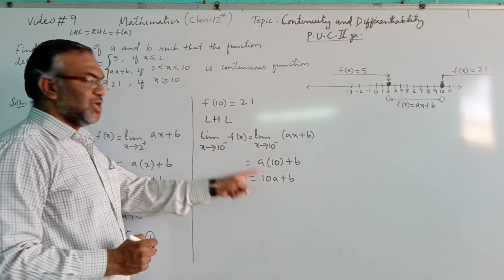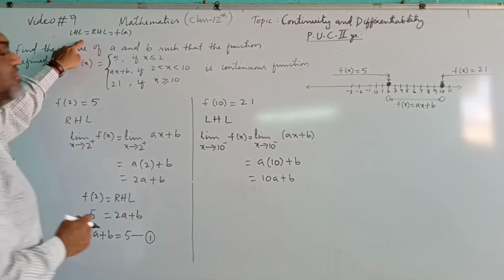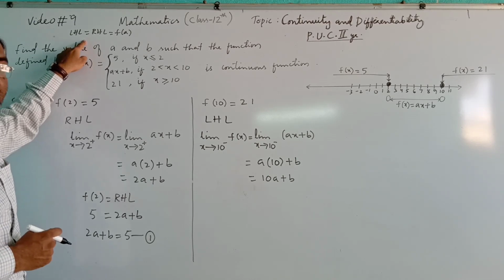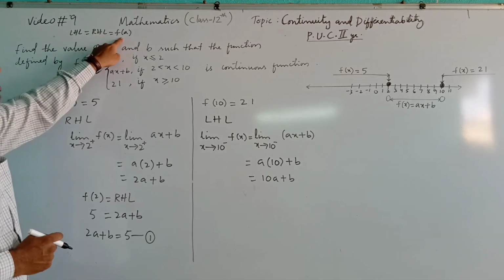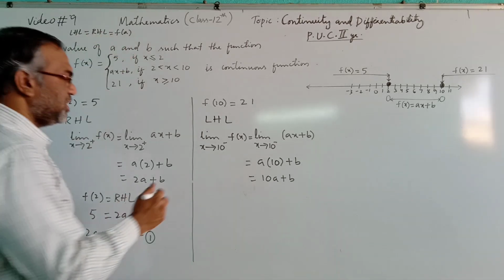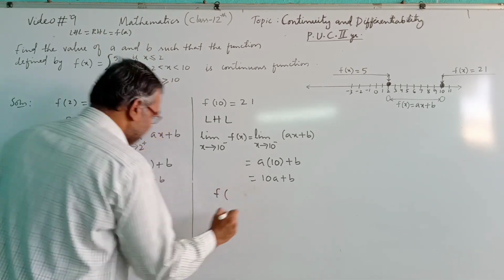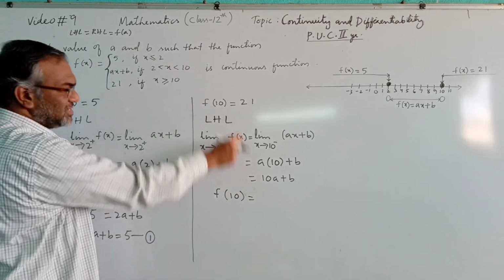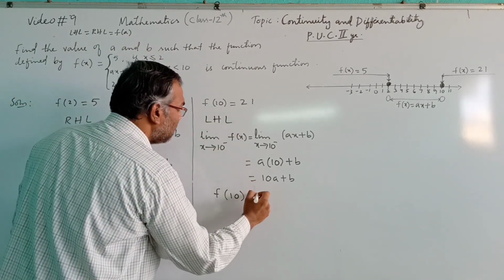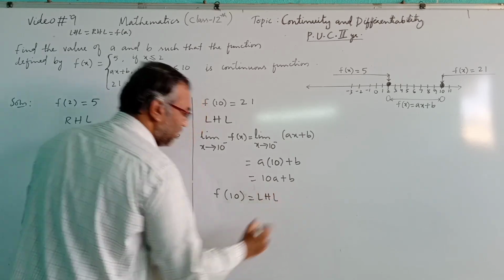We got LHL. Now from the condition of continuity, LHL must be equal to f of a. So LHL must be equal to f of 10, where a is 10.